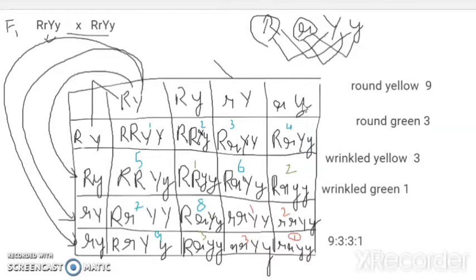So 3 among the 4 were yellow and 1 was green, and in the same way in round and wrinkled also, 3 of them were round and 1 was wrinkled, which means that 75% of them were showing the dominant trait and only 25% showed the recessive trait, right? So we can expand this 3:1 as 9:3:3:1, right?